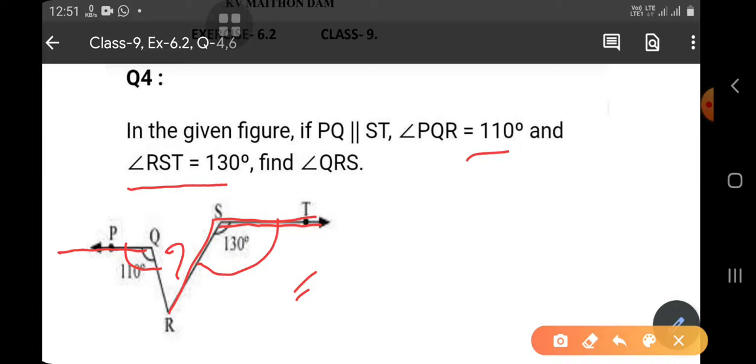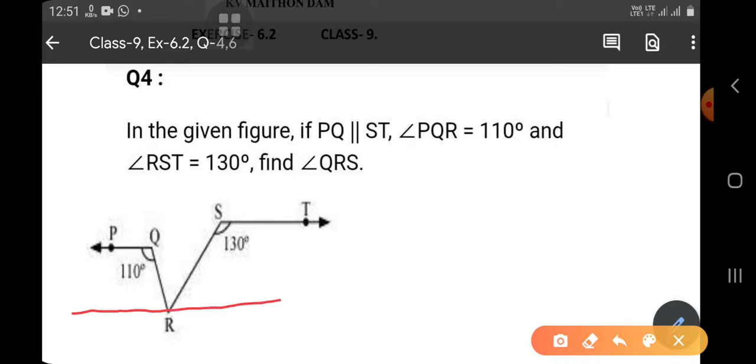Now how can you find it? To find this angle we have to construct. So let us draw a line XY passing through R, and this line will be parallel to ST. This construction we have to draw.